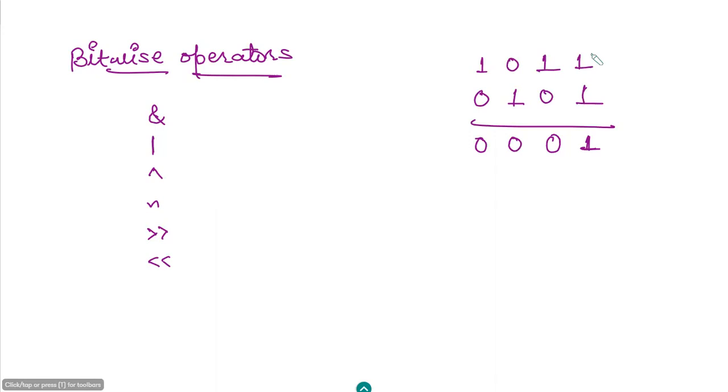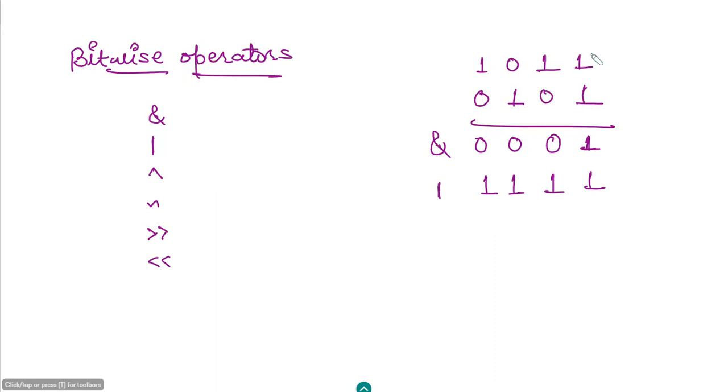This operator will copy the bit into the result. Moving to the next bit, in the first operand the bit is present, and in the second operand the bit is not present. Still this operator will copy the bit into the result, so the result will be 1, and so on. So this is the output for the AND operator, and this is the output for the OR operator, right?